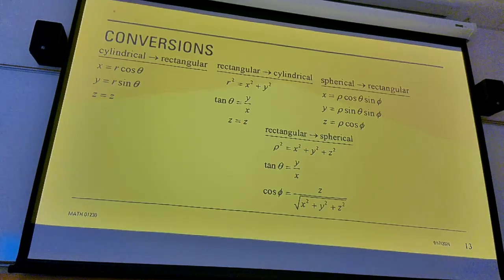So here's the question. We already know you can't just take the inverse tangent for theta. Can you take the inverse cosine? Yes.